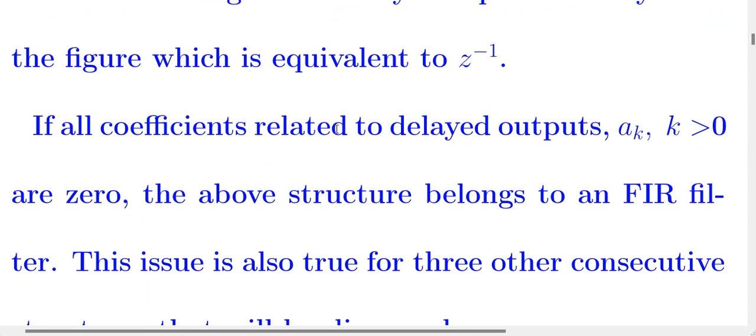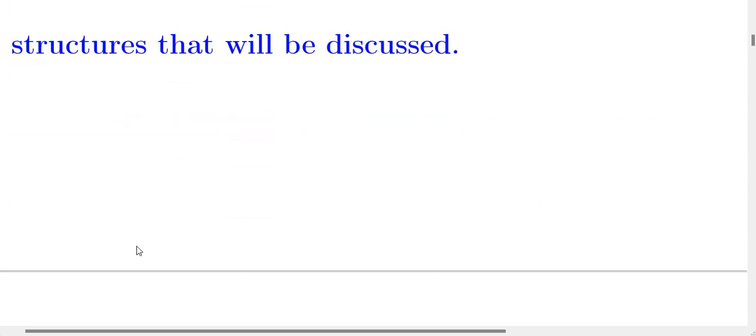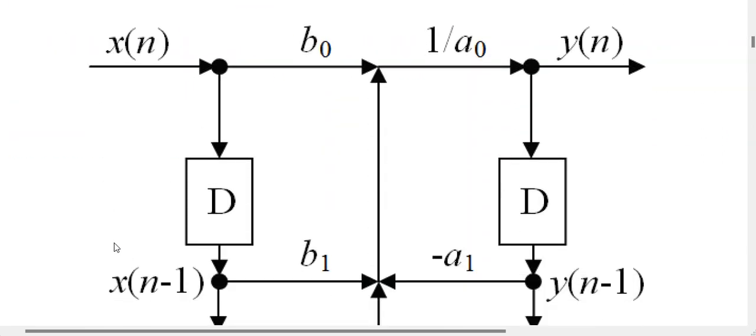If all coefficients related to delayed outputs, that is Ak where k is greater than 0, are equal to 0, the above structure belongs to an FIR filter. This issue is also true for 3 other consecutive structures that will be discussed later. Right.